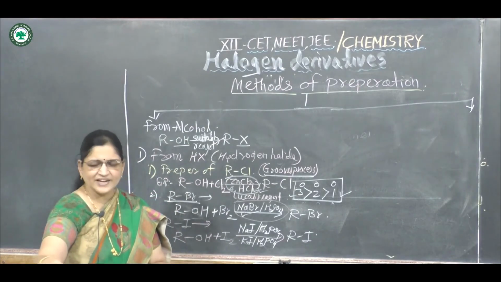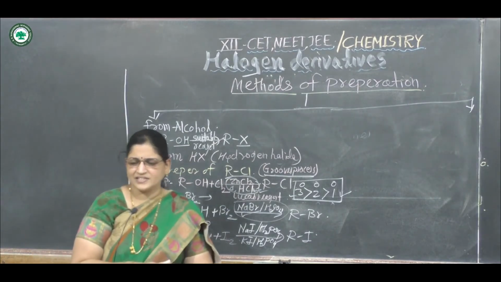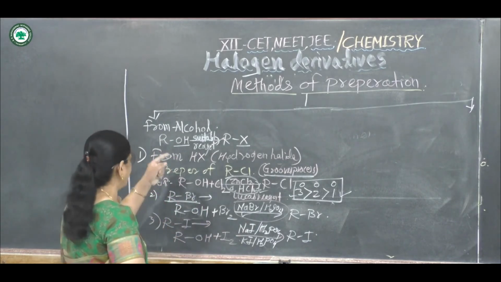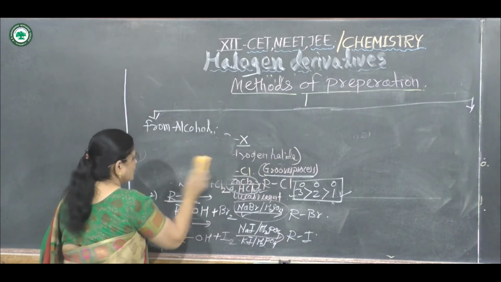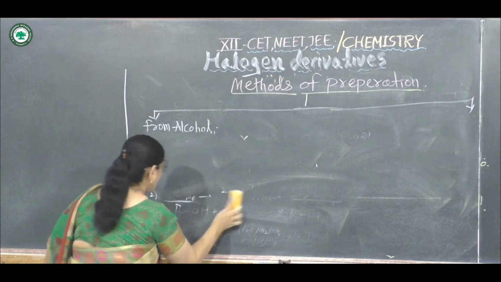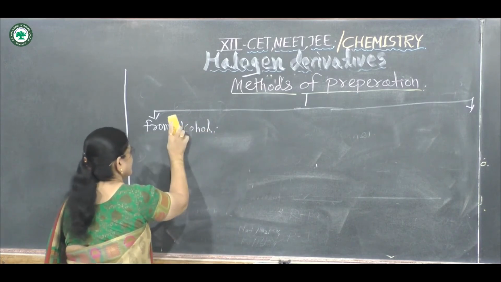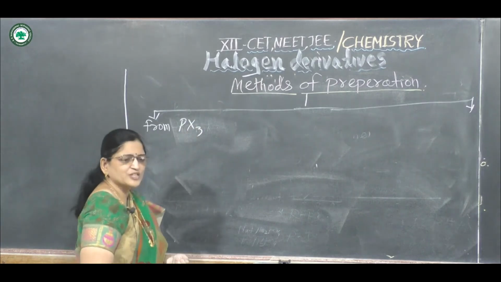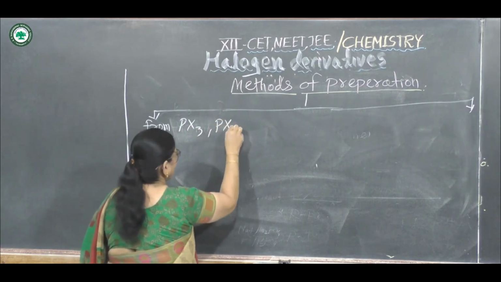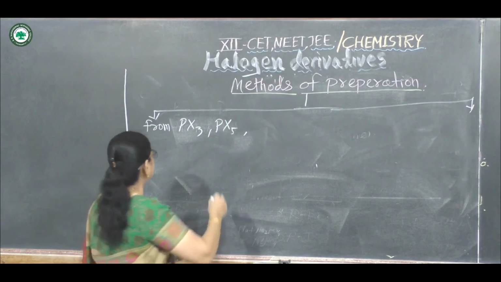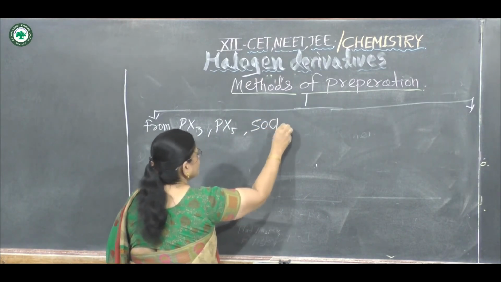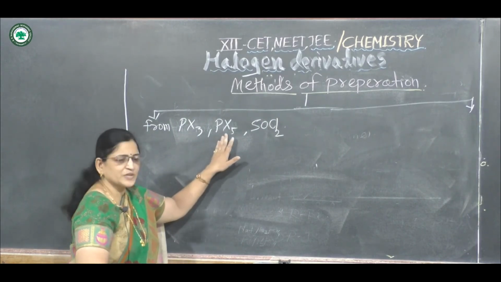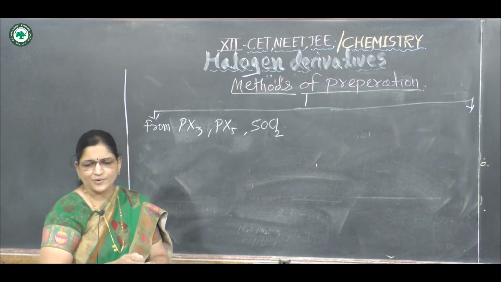Then the second method is by using phosphorus halides, again from alcohol: PX3, phosphorus trihalide, PX5, phosphorus pentahalide, and SOCl2, that is by using thionyl chloride.